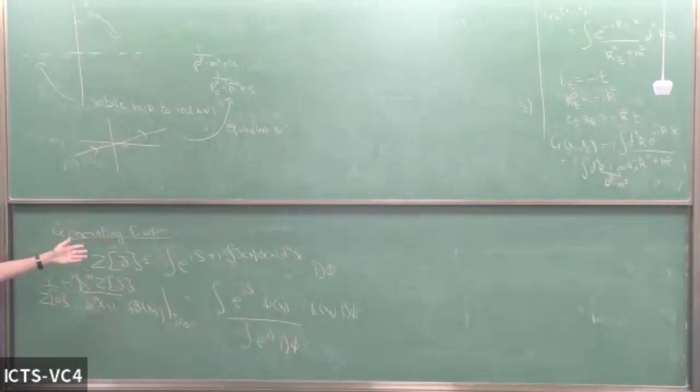So if you know this generating function as a function of J, then you can get all these correlation functions. For instance, that formula we just derived, you could also derive by computing the generating function and differentiating it functionally. The same thing.